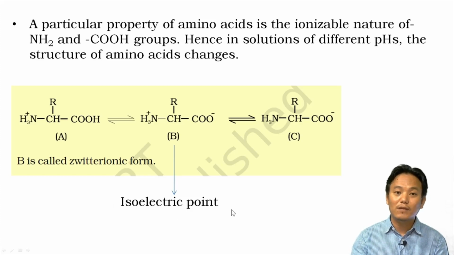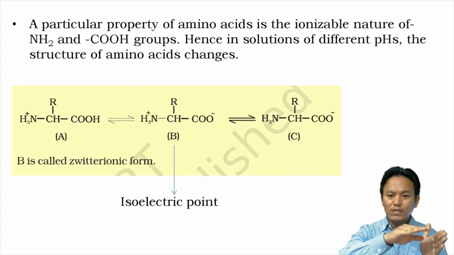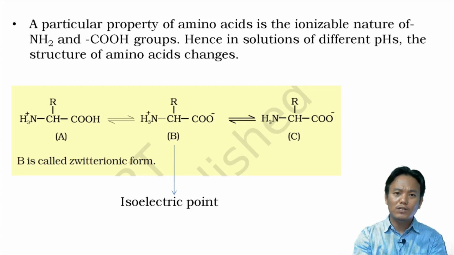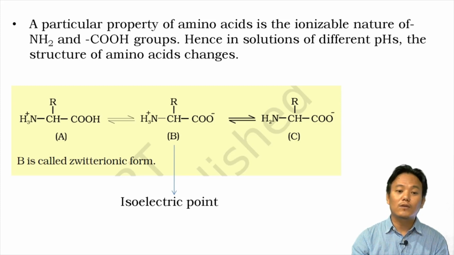At that point the amino acid is neither negative nor positive, and the structure is called the Zwitterion.